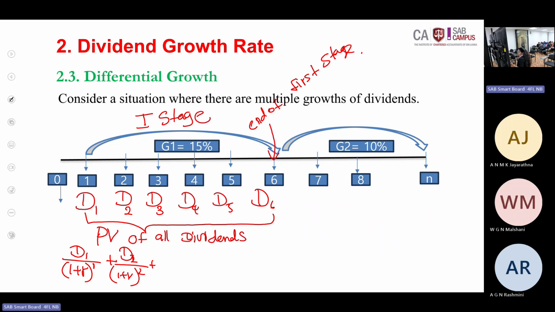So then you have to consider the present value of all dividends until the end of the first stage.